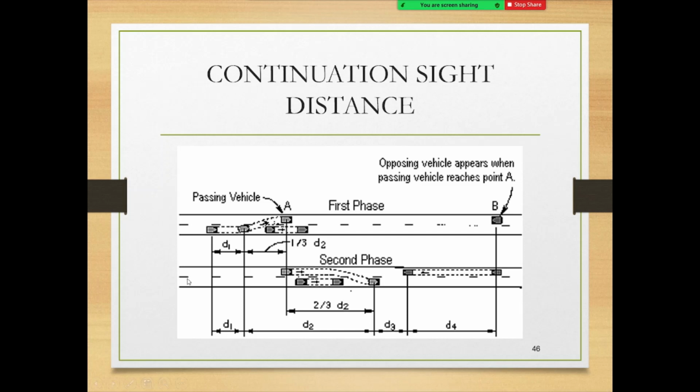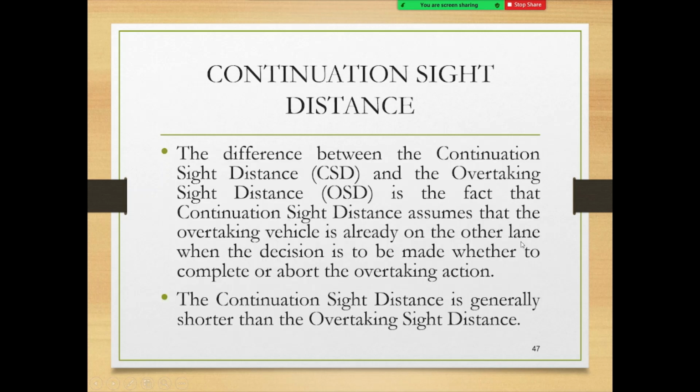Now there should be enough sight distance for this overtaking vehicle to decide whether I should complete this task or abort. Okay, understood. The difference between the continuation sight distance and the overtaking sight distance is what?